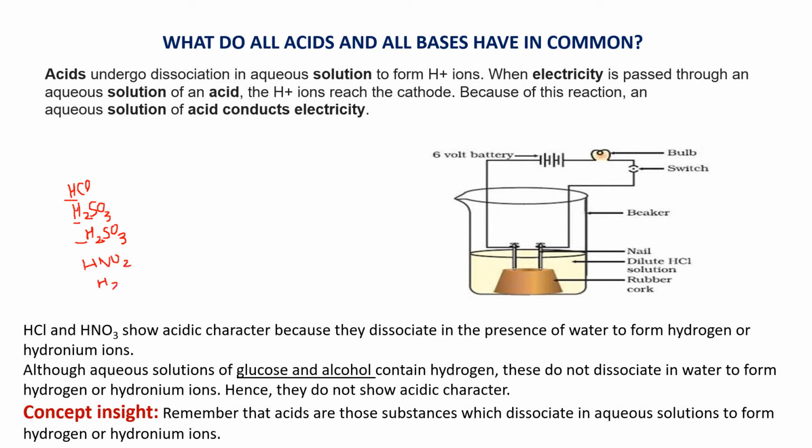So many acids, right? Carbonic acid, nitric acid, sulfuric acid, sulfurous acid. H2SO3 is sulfurous acid and H2SO4 is sulfuric acid, children. HCl is hydrochloric acid.